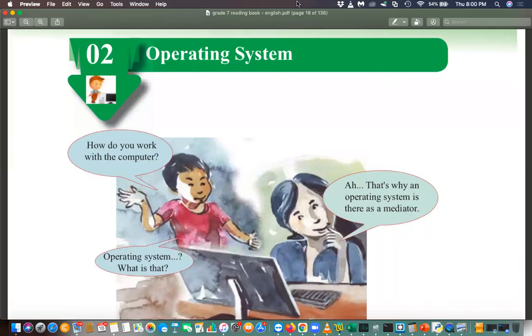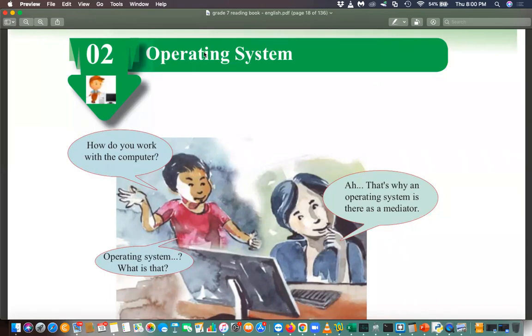To manage files, it supports. So what else? Can you manage users using the operating system? Who can use computers and who cannot, can you manage that using the operating system? Can two people use the same computer?